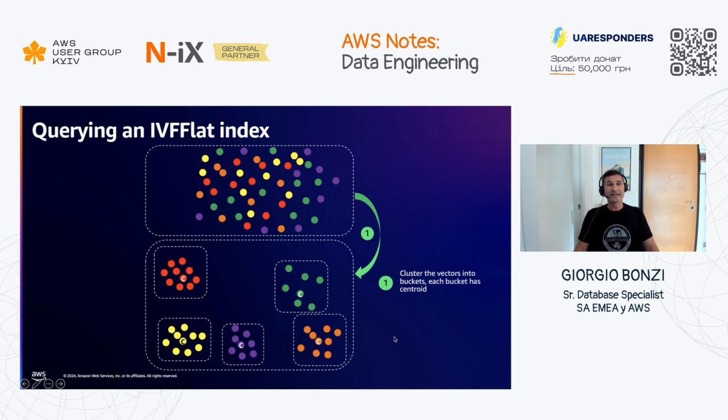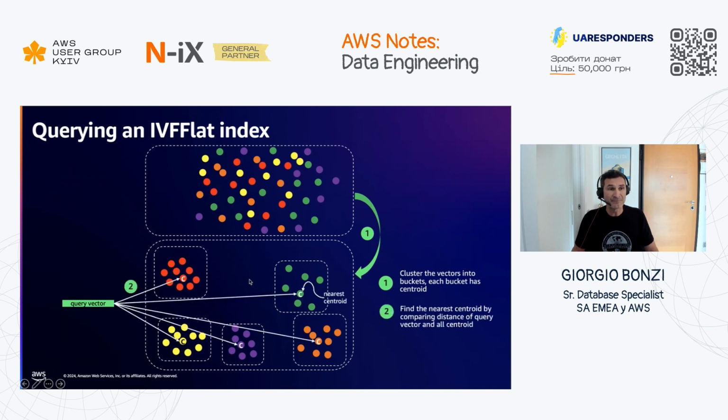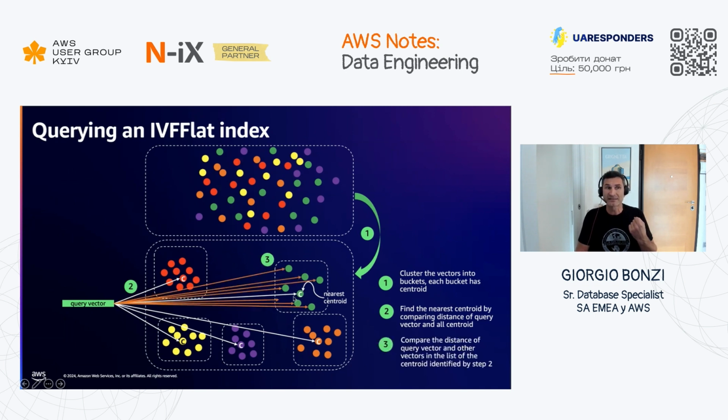And when you execute a similarity search, your query vector is compared only with the 5 centroids. And only the vectors that belong to the cluster with the closest centroid are evaluated to return the closest result. In this case, only the vectors inside the green cluster will be evaluated.